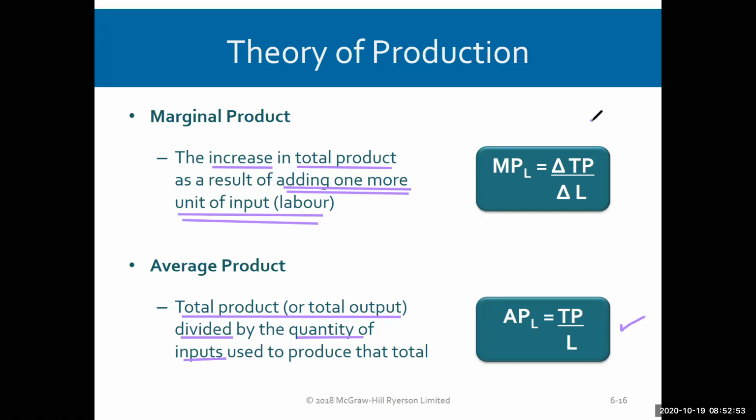That's what this triangle means. The triangle means change, C-H-G-E. It's the change in total output due to adding the labor. That'll become critical later on when we start looking at costs as well. But right now we're just looking at the theory of production. So marginal product is the change in output we get due to adding one more unit of labor.